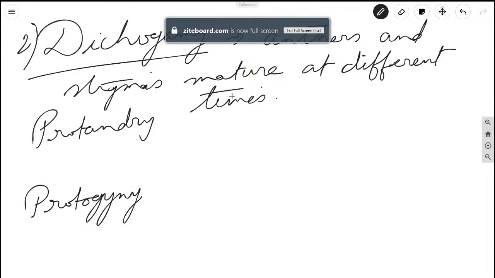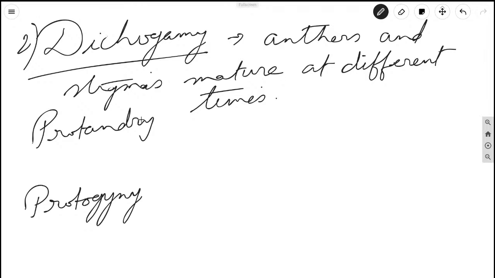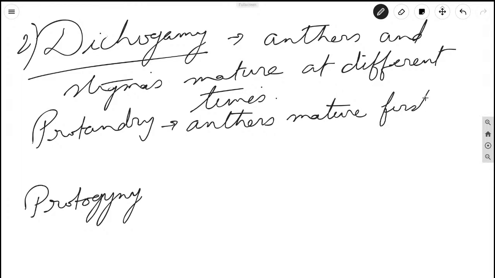In protandry the anthers mature first, and the stigma of the same flower is never receptive at that point in time, meaning the stigmas have not matured till then. The examples are sunflower and cotton.